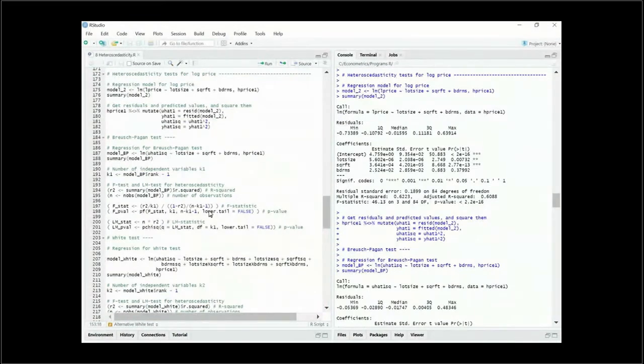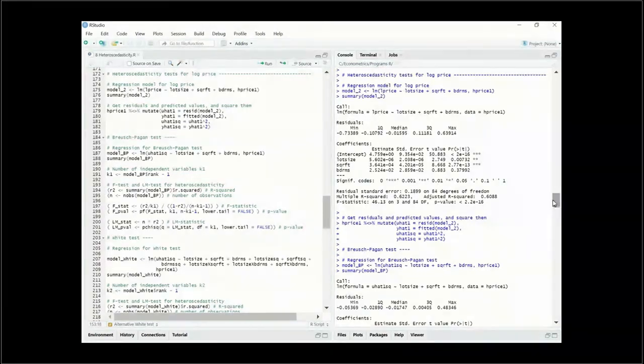And then we'll calculate the p-value, and we can also formulate the LM statistic and then calculate the p-value for it. So if we look at these results here for log of price, if we regress log of price on the independent variables, these are the results here. So from this model here, we need to calculate the residuals and the fitted values. So basically, we need to calculate u hat right here for the residual and y hat for the fitted value.